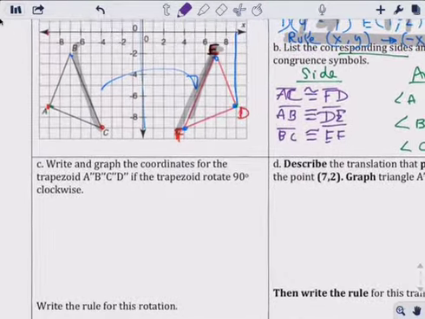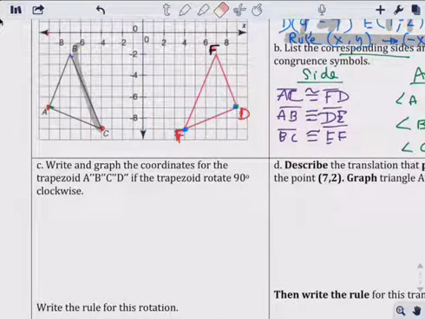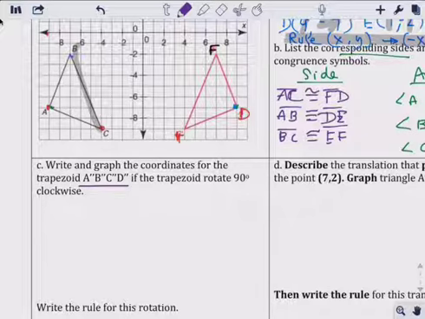Okay, we want to rotate the trapezoid. Erase all this mess. Rotate and graph the coordinates for the trapezoid, A double prime, B double prime, C double prime, and D. Clockwise.